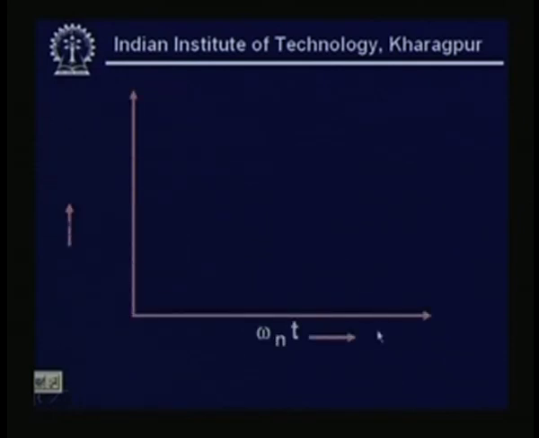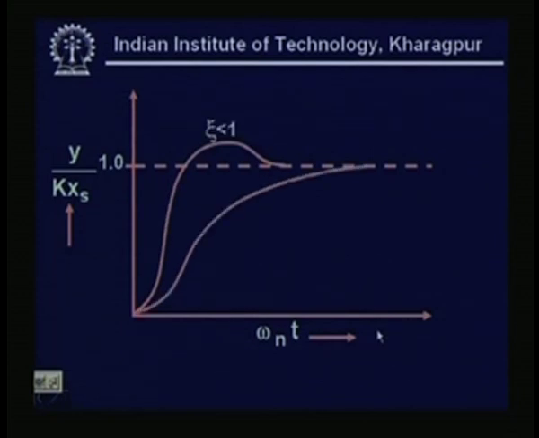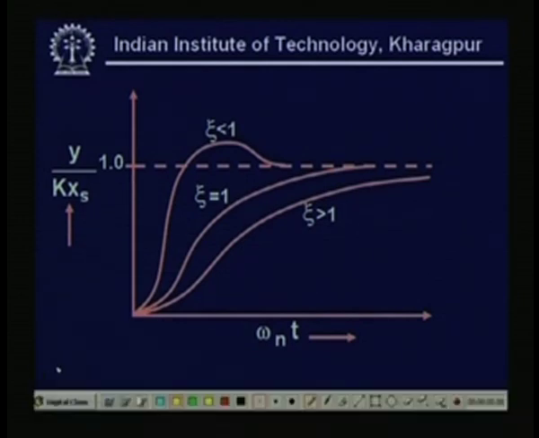Now, if I look at the response of this system, there is an animation, okay, it has come properly. See, this is where I made xi less than 1, and this is xi equal to 1, and this is the overdamped system.